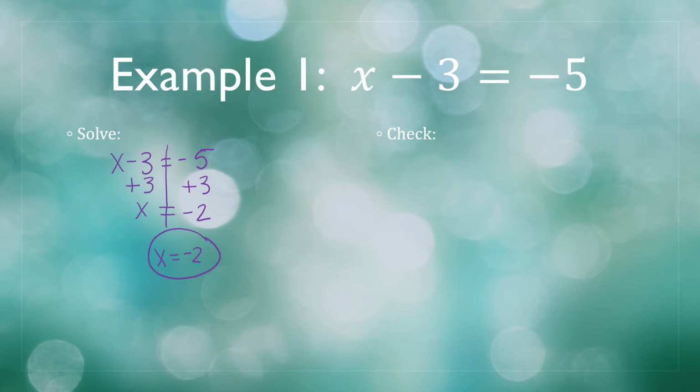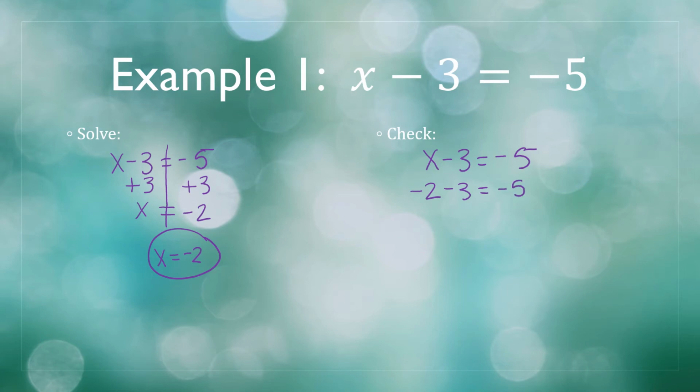But just in case you're ever unsure, you can always go ahead and check your answer. So what you want to do is rewrite the original equation. So x minus 3 equals negative 5. But since we found that x equals negative 2, instead of writing x, we can write a negative 2 because we know they're equal. Everything else in the equation will stay the same.